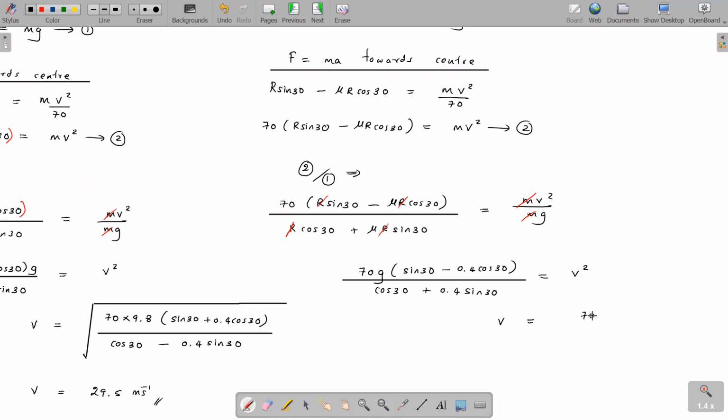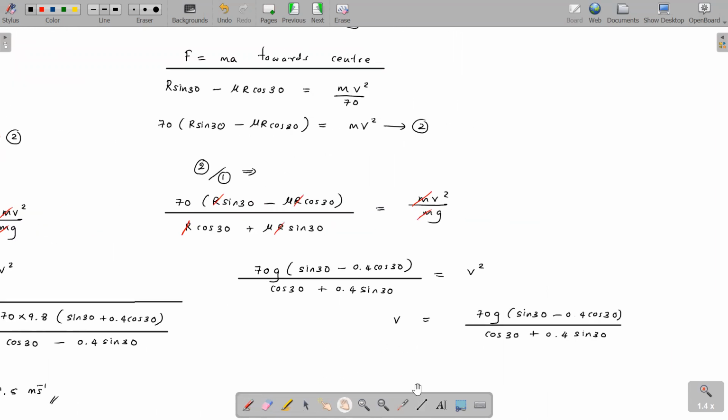V equals the square root of 70 g times sine 30 minus 0.4 cos 30, divided by cos 30 plus 0.4 sine 30. Guys, can you see?